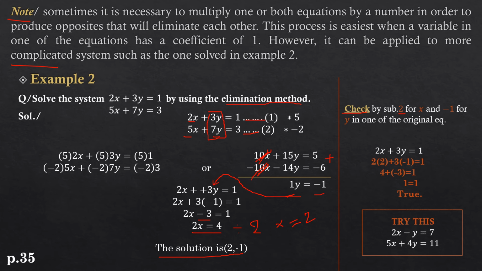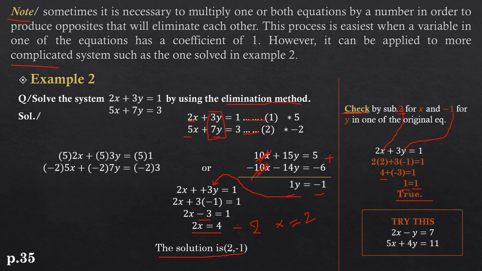So we put it in the first equation, which is 2x plus 3y equals 1. Put 2 here and negative 1 here. 2 times 2 is 4, plus a negative 3. So 4 minus 3 will be 1, and 1 equals 1. So your solution is true.